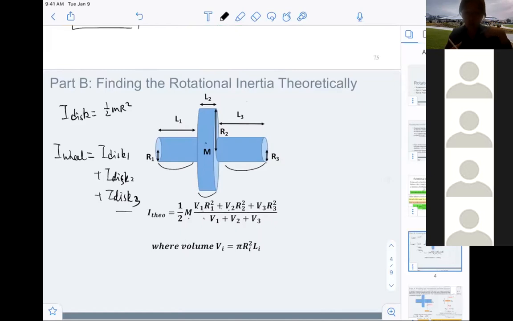We actually talk about part B first, the theory part, before we do the experiment part. Okay, so this is the equation of how you calculate it in theory, and this is essentially the same as the pre-lab we did. So let's look at our pre-lab, and then we can go back to the slides here.